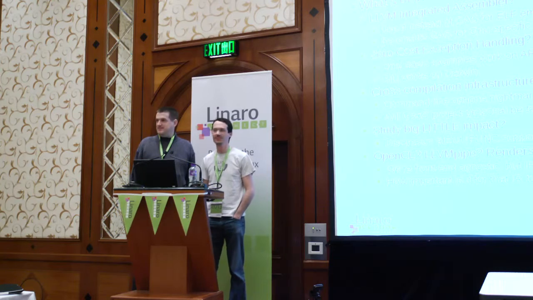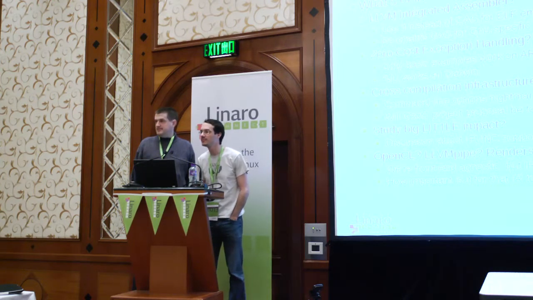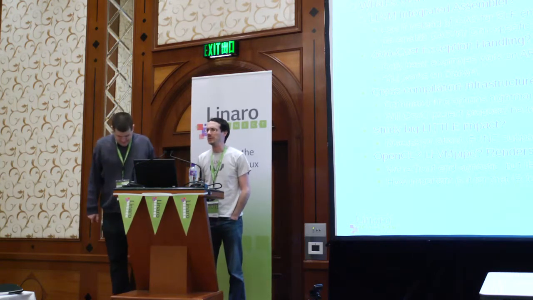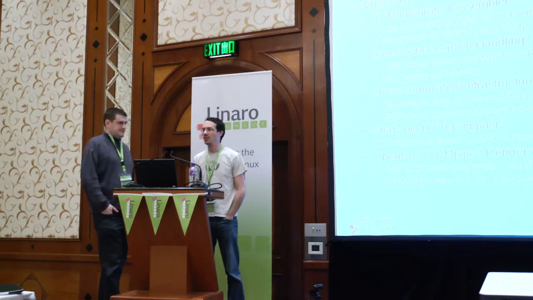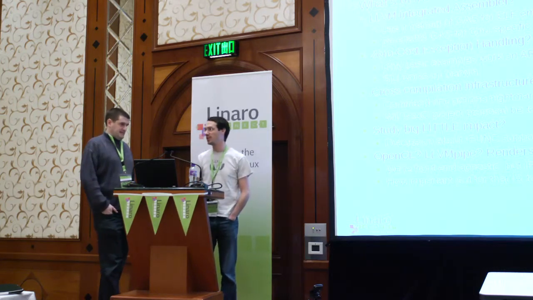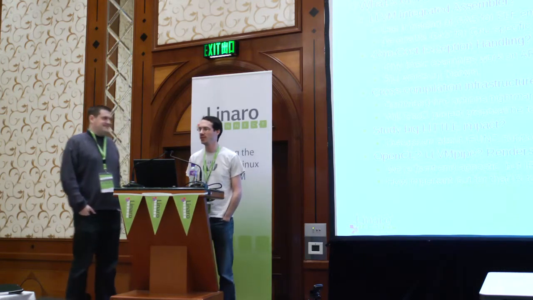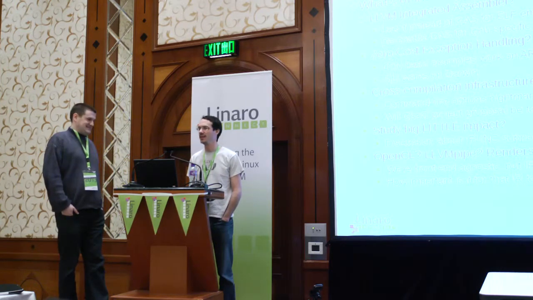Hello. The LLVM JIT, I think, is pretty much a platform-independent implementation. Is there any plan to make it more ARM-specific? So there are two JITs, the old JIT and the new JIT. The old JIT never worked, and the new JIT works all right.